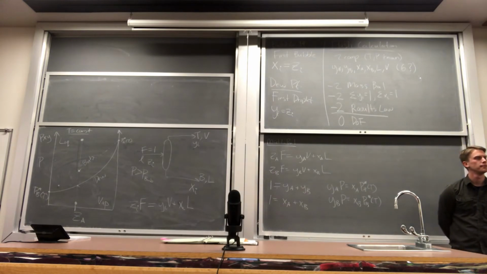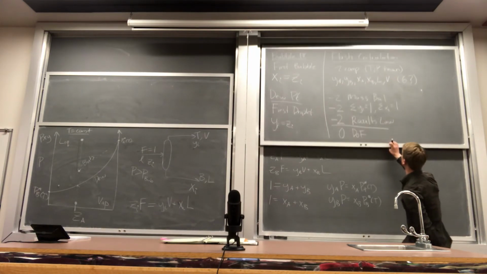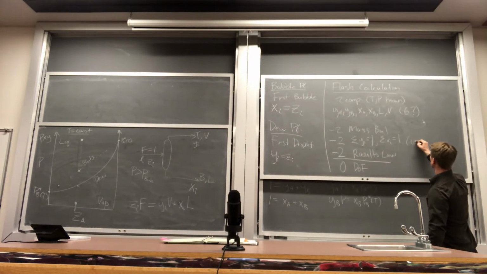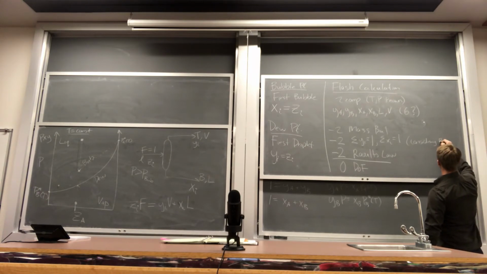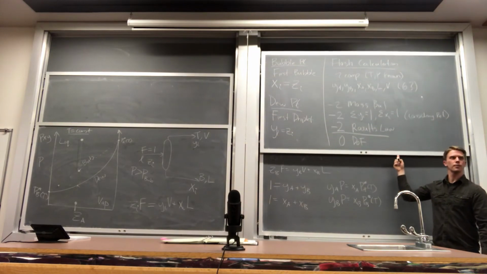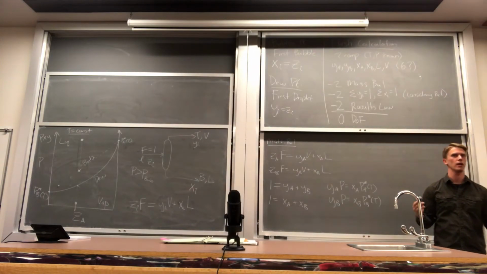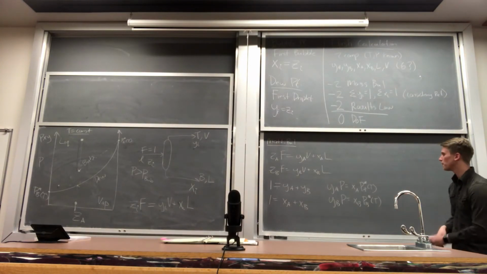Yes? What was it again that you called the summation of the fractions? Consistency relationships. Basically, they're just definitions. That has to be true based on how we define what a mole fraction is. Because a mole fraction innately is just a definition. We're defining what a mole fraction is.